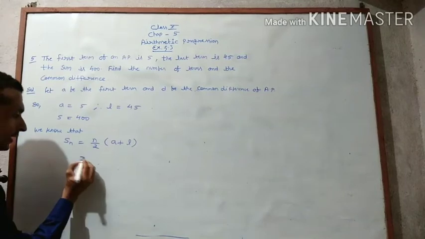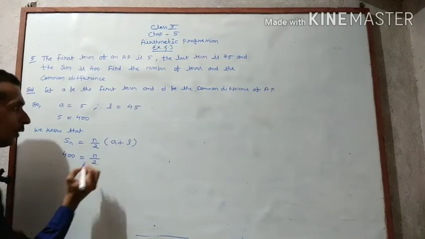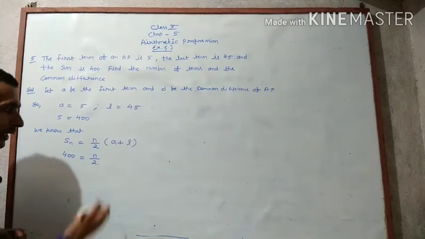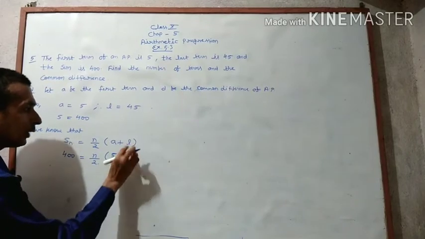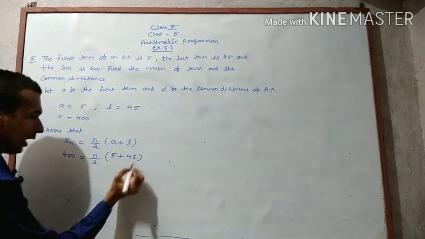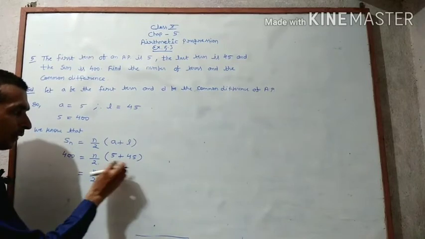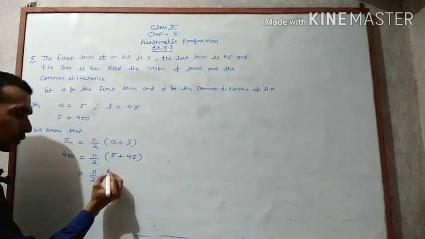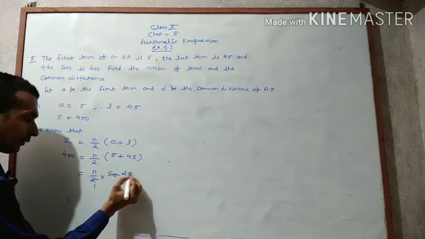n upon 2. Value of Sn is 400, n upon 2 as it is, because we have to find the value of n, and value of A is 5 and the next value, L value, is 45. After adding we will get n upon 2 into 45 plus 5, how much here, 50, and 50 divided by 2, that is 25.